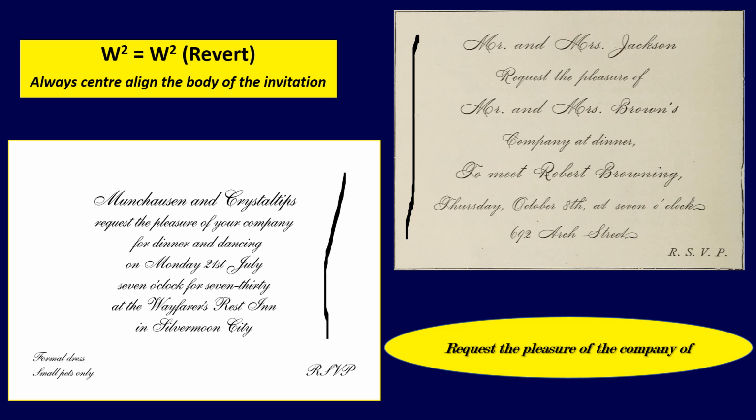One more factor that I would like you to remember is the second line, request the pleasure of. In this it says, request the pleasure of your company. This is the line, boys and girls, I need you to remember and retain. Request the pleasure of the company of. I repeat, request the pleasure of the company of.